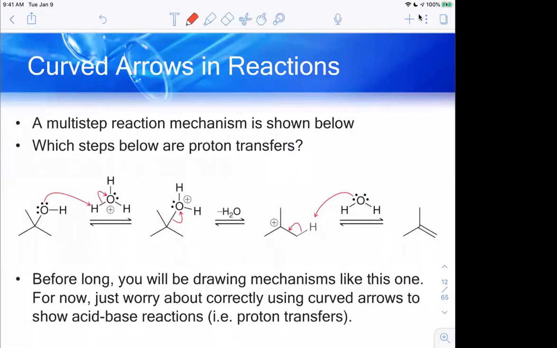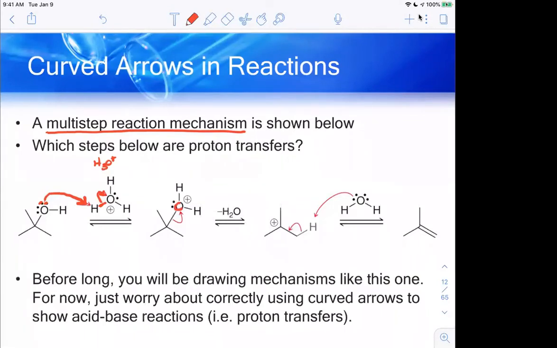Eventually, we're going to get to pushing a lot of arrows in a multi-step reaction mechanism. So for example, this lone pair is going to act as a base, and this actually is H3O plus, hydronium ion. That bond is breaking. Look at the change.